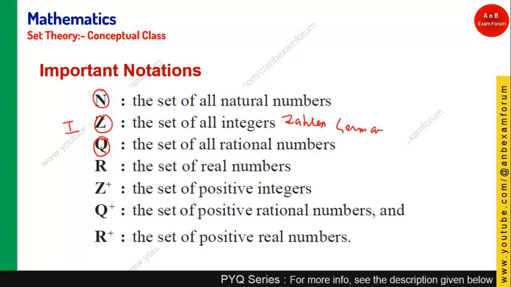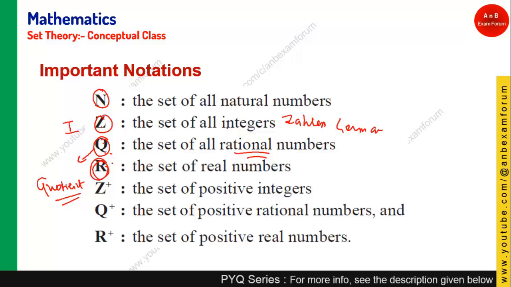Q stands for quotients, quotient of natural numbers. So that's why it is represented by Q. So remember, Z for integers, Q for rational numbers, whereas R stands for real numbers.